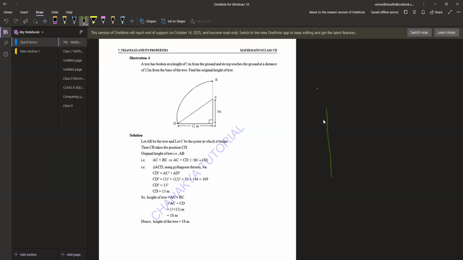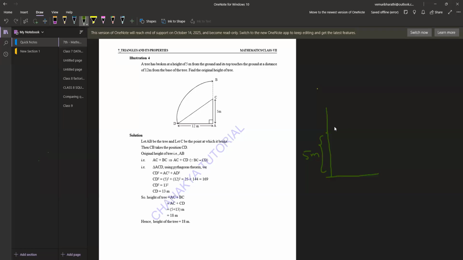This is the entire tree, and it has broken 5 meters from the ground. If you take this part as the ground, imagine this is 5 meters in length.